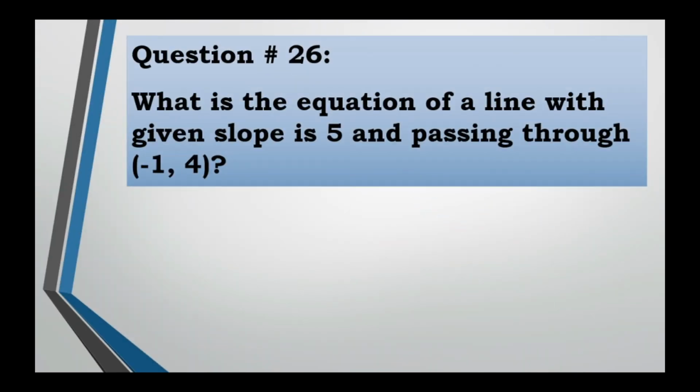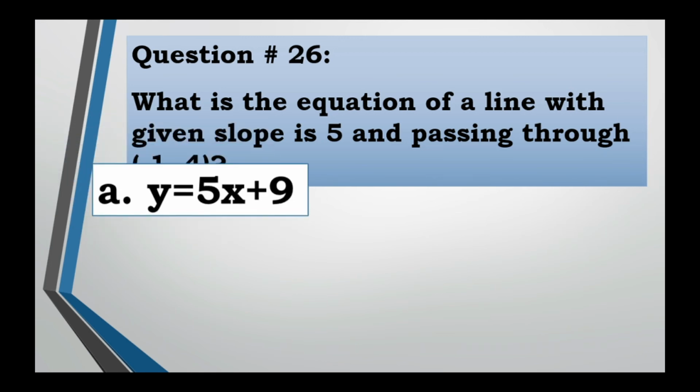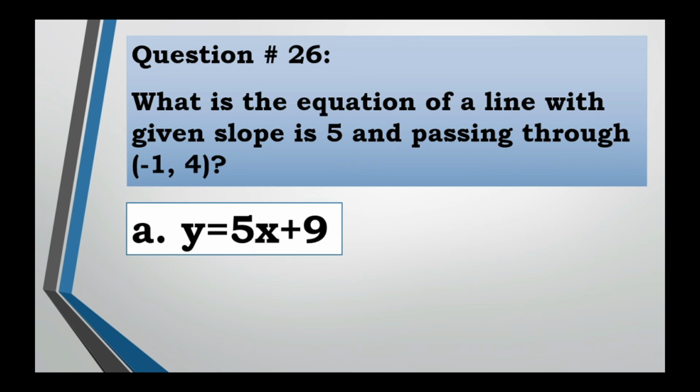Question number 26. What is the equation of a line with a given slope of 5 and passing through -1, 4? Letter A, y equals 5x plus 9.